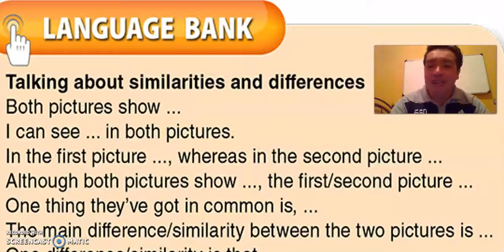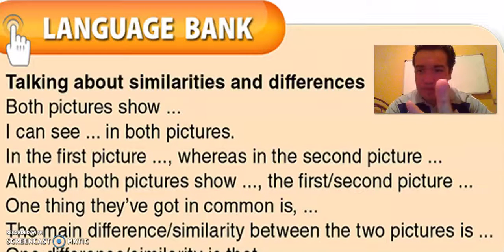Okay, here is the language bank. You can see the title talking about similarities and differences. Well, the first expression we have over here is both. Both pictures show. Remember, ambos. So of course they must have the same things or almost the same things.